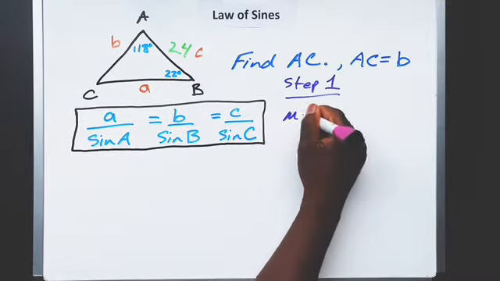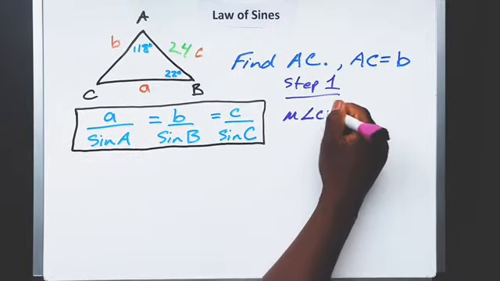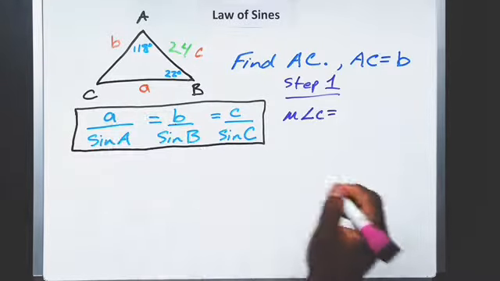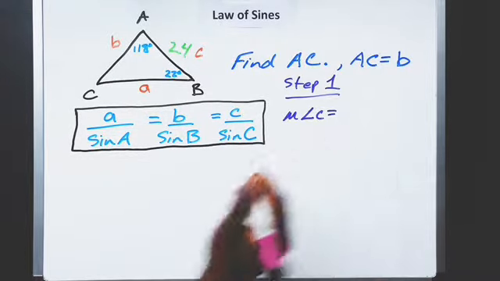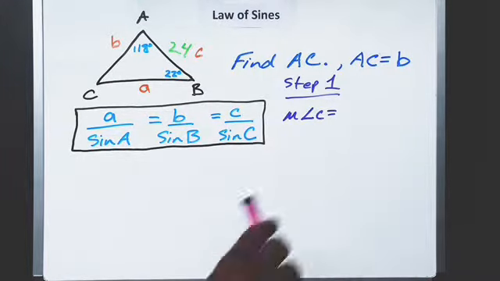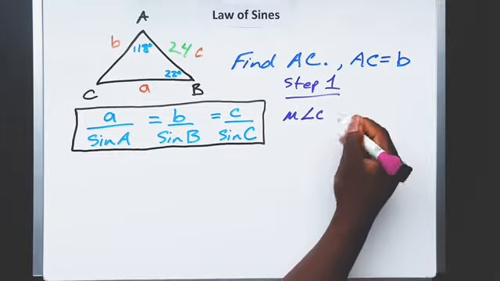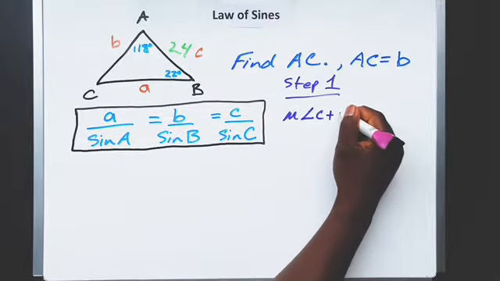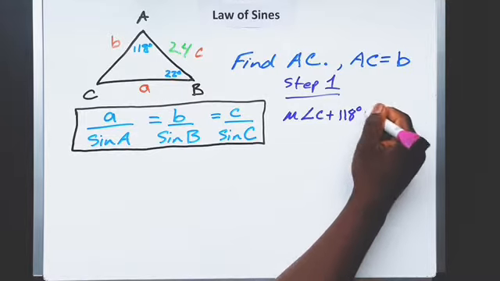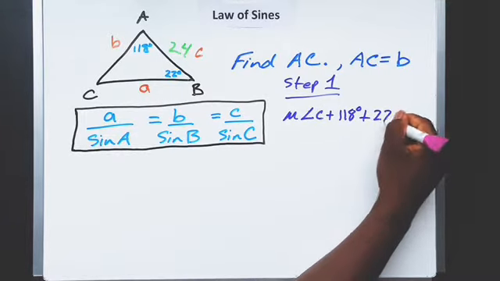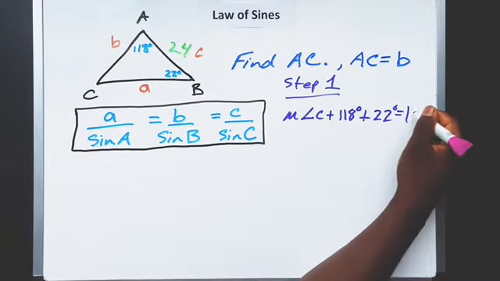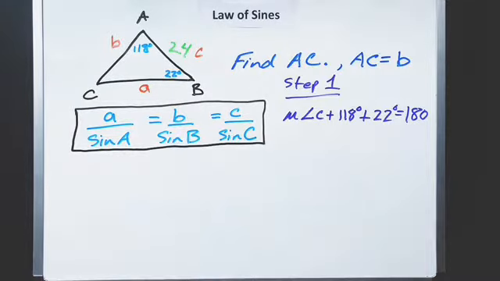I think I'm going to write it this way. The measure of angle C plus 118 degrees plus 22 degrees equals 180. We can write that equation because that represents the sum of the angles of a triangle, and that equals 180 degrees.